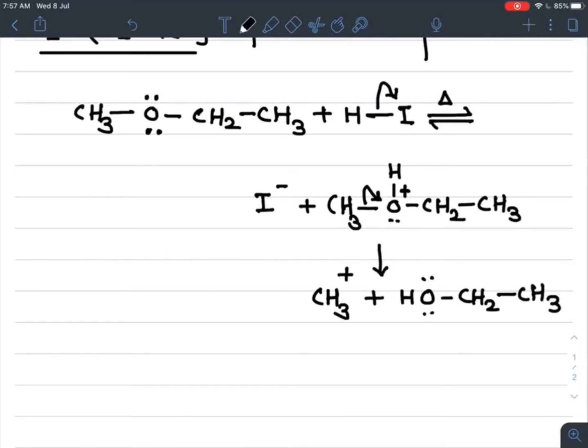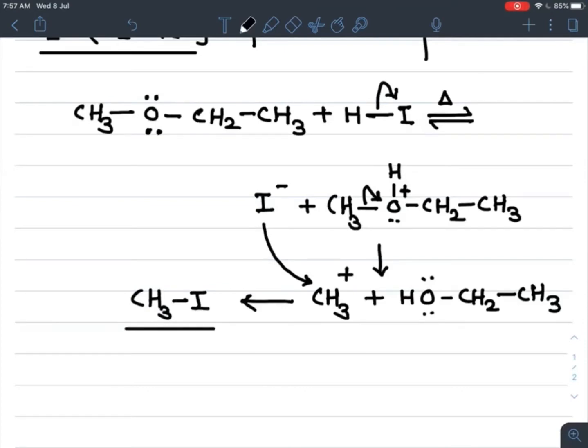So ethyl alcohol is formed, and in the second step, this I minus with its lone pair combines with CH3 and gives CH3I. So I minus, by using its pair of electrons, finally gives methyl iodide.